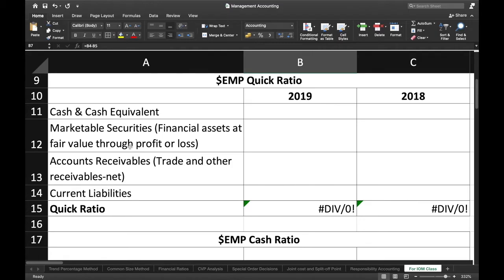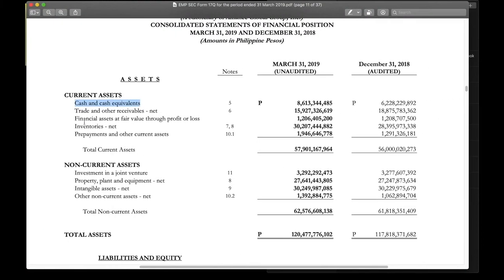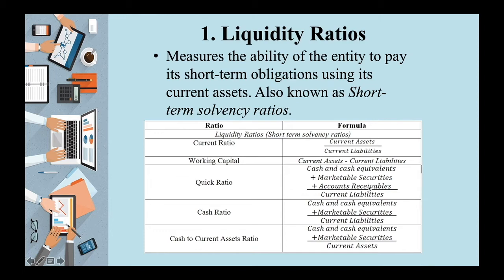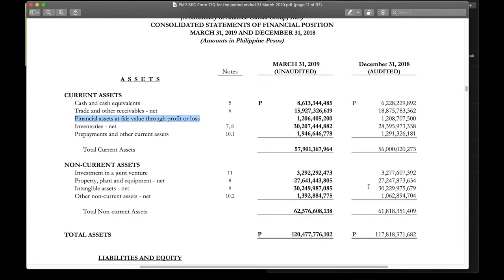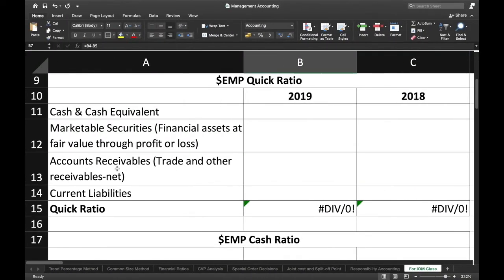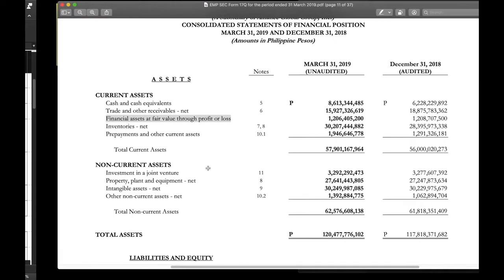Yung marketable securities, nasaan po yun? Ito, financial assets at fair value through profit and loss. So, dalawa na ang meron tayo. Next, accounts receivable. Nasaan ang accounts receivable natin? Accounts receivable is also the trade and other receivables net on the balance sheet ng Emperador Corporation. Nasaan po yun?